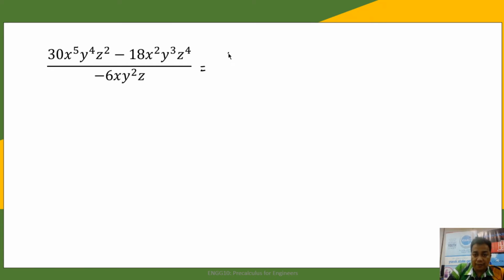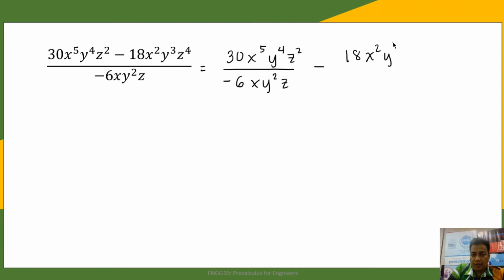So let us separate each of the terms in the numerator and then divide these terms by the common monomial denominator. Then minus 18x squared y cubed z raised to 4, divided by negative 6xy squared z.